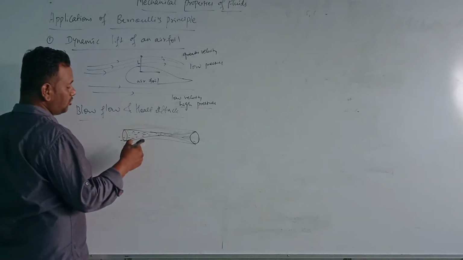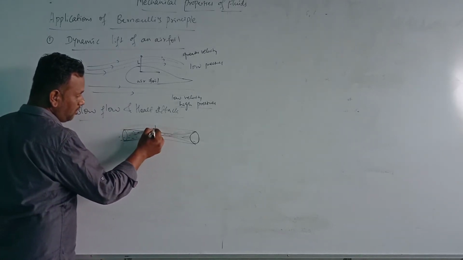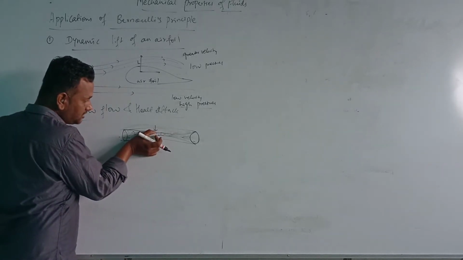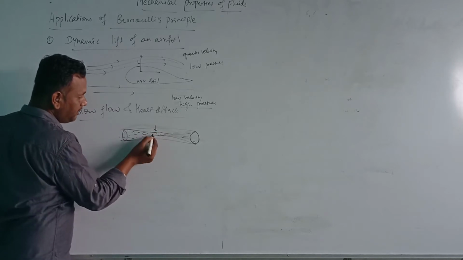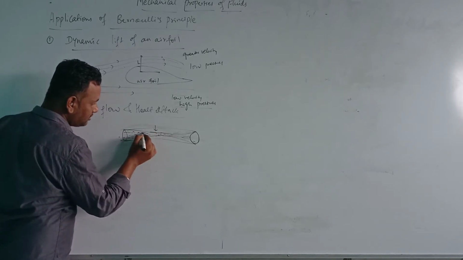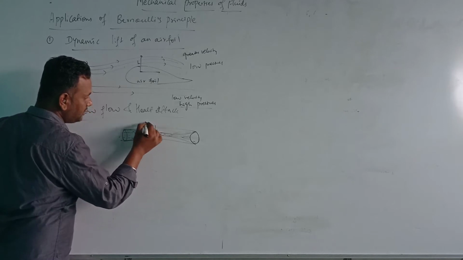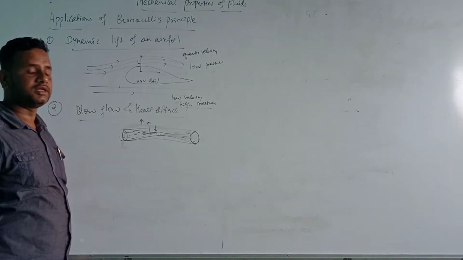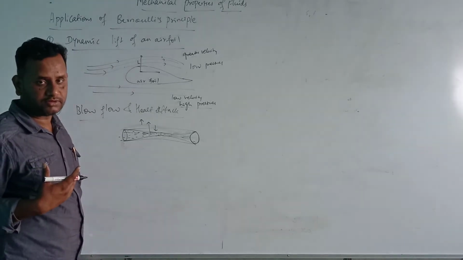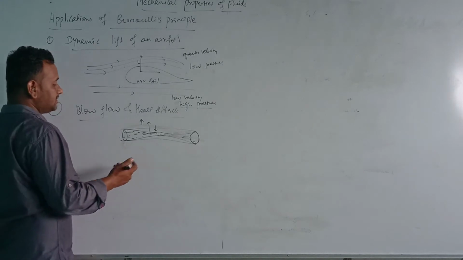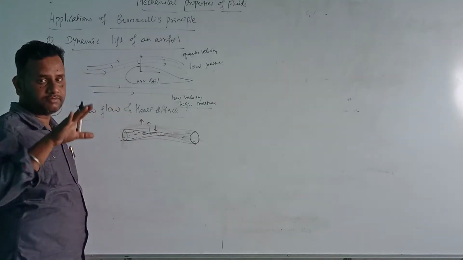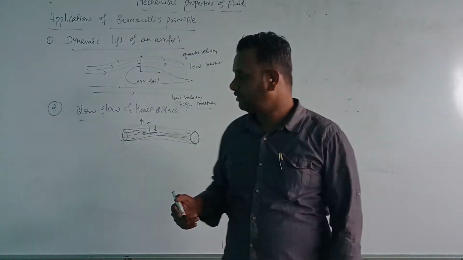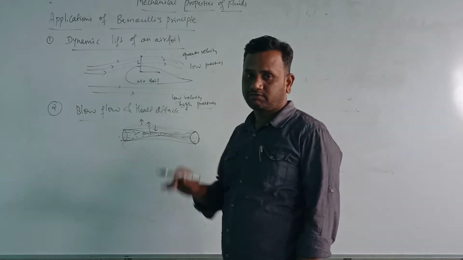Because of the accumulation of plaques on the inner wall of the artery, the artery becomes constricted at one point, and where it is constricted, the speed of the blood flow increases. Because of the increase in the velocity of the blood flow, the blood pressure becomes low, as according to Bernoulli's principle, where the velocity is high, the pressure will be low.